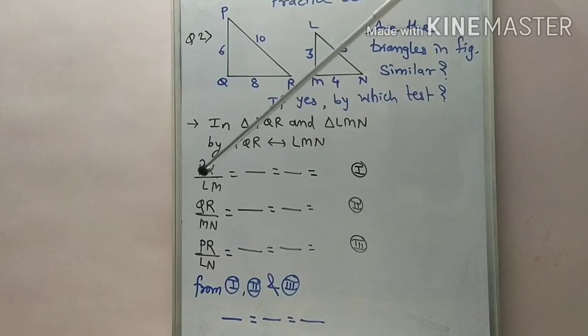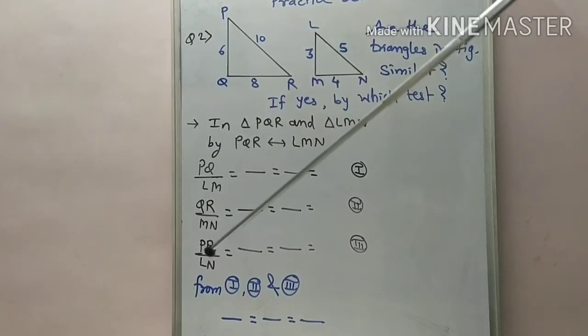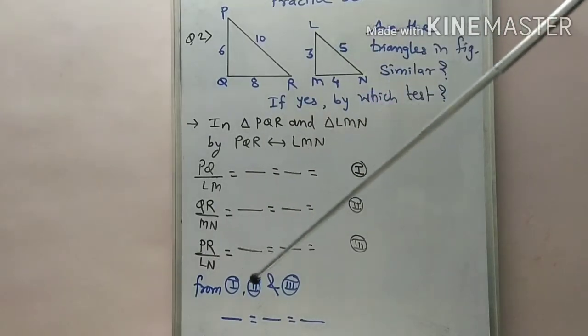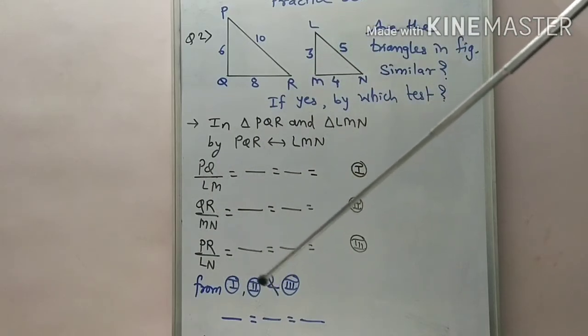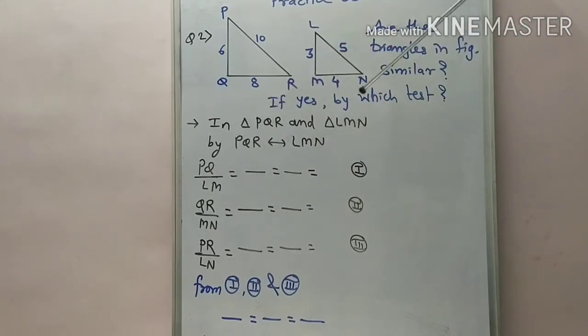If all these three ratios are the same, then we can say the sides are in proportion. And if the sides are in proportion, then by the SSS test we can say the given two triangles are similar triangles. So substitute the particular values here, students, and get the value of each ratio.